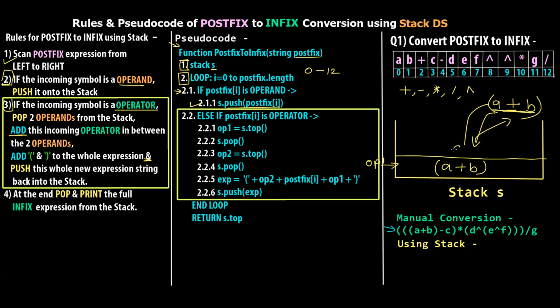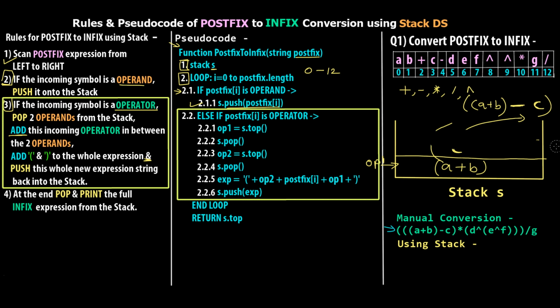So let's say now we get C, we push it onto the stack, and now let's say we get a new operator. Let's say we get minus. In that case, we will pop C, and pop this A plus B with the brackets as one operand. So A plus B as one operand, we will put minus in between. We will then say C, and then we will again add more brackets.